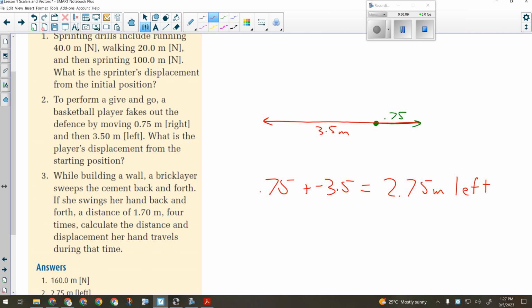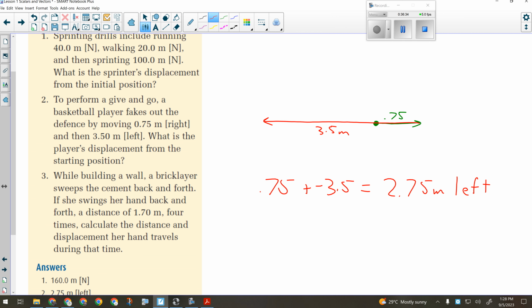One went right, one went left. Okay? And I drew them like I was telling a story. First I drew the 0.75, and then from the end of that, I drew the other one because it happened after the first one. Okay? We call that drawing them tail to head. Okay? All vectors are drawn tail to head like that. Okay? All right, questions on 1 and 2?